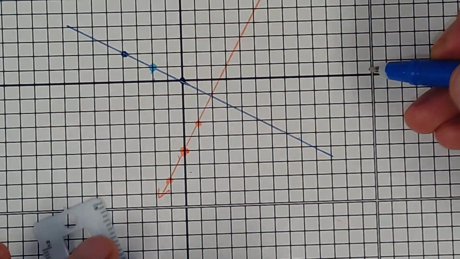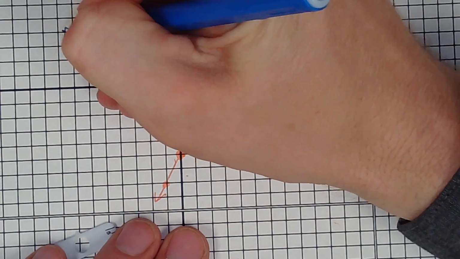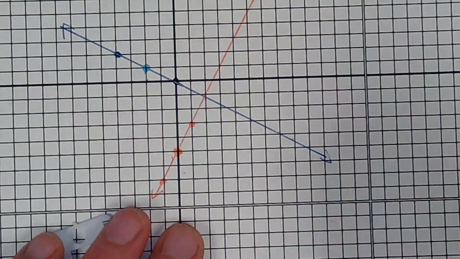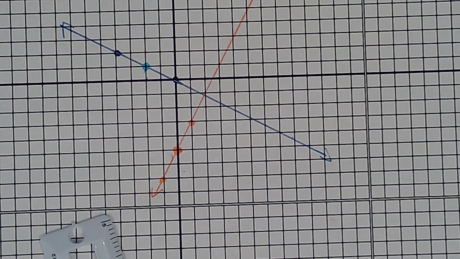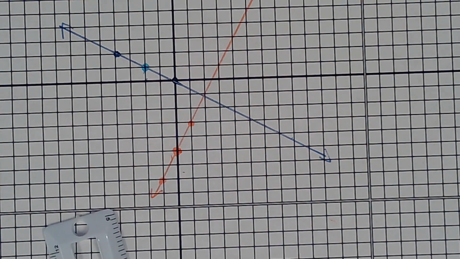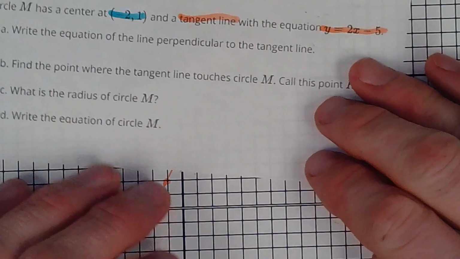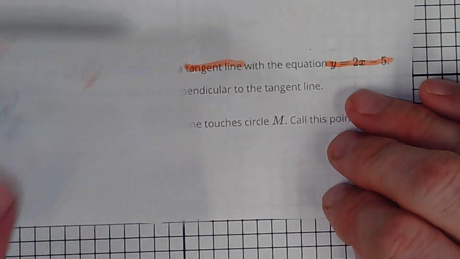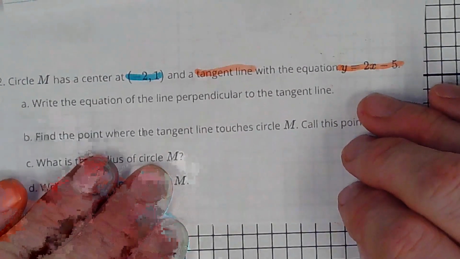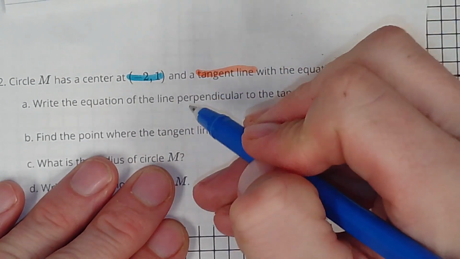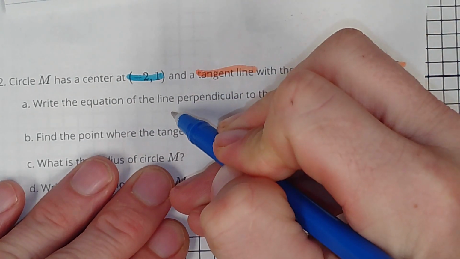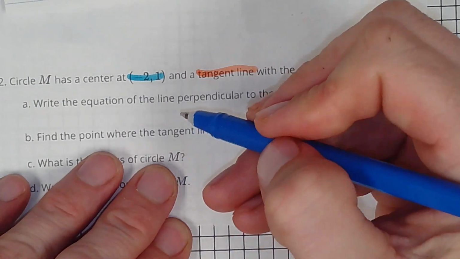So this is a line perpendicular to my tangent. I've plotted a line perpendicular to my tangent. So I'll answer my question. My equation that works is, do I want to solve this for x? Does the book have me solve it for x?